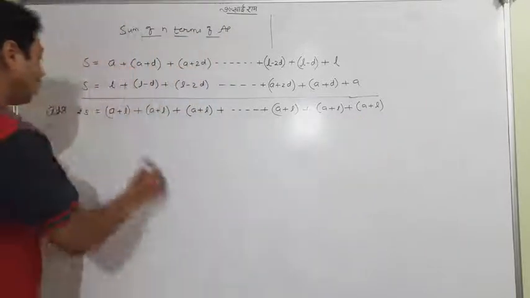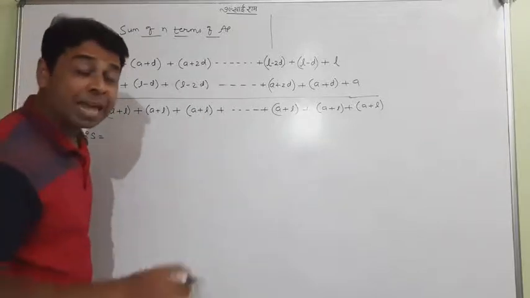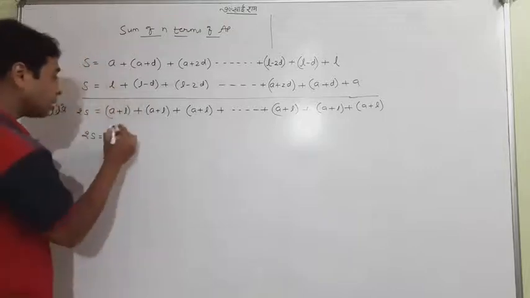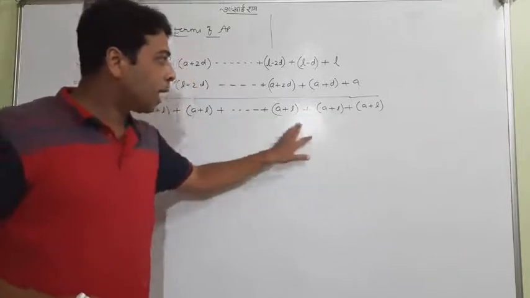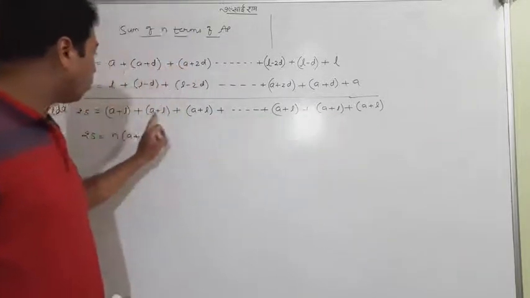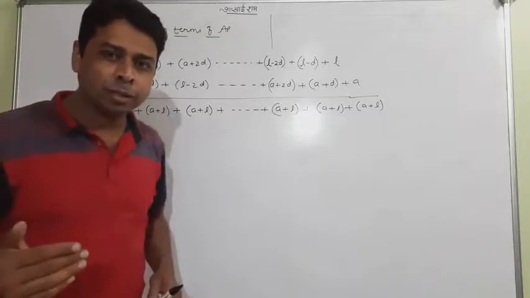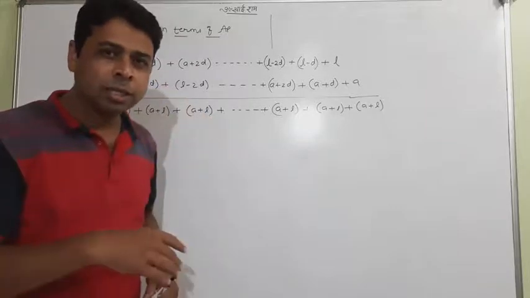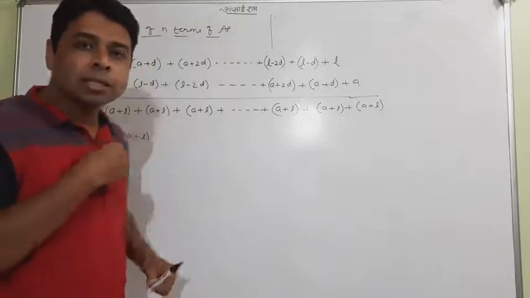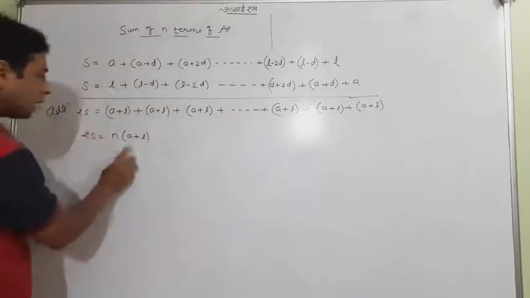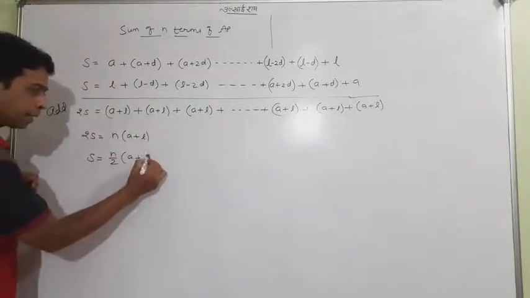When I add all, all are the same, A plus L, and after adding n times we will get n into A plus L. Like x plus x plus x plus x: if you add 4 times, you get 4x. If you add n times, you get nx. Similarly, you are adding these terms n times, so n will come here, and S equals n by 2 times A plus L. This is going to be your formula.